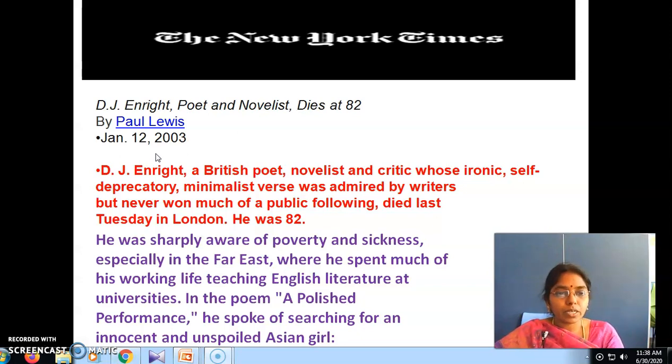So, the difficult words that you have to underline, and notice how the words are used: ironic, self-deprecatory, minimalist. His words will be admired by other writers. That means you can think how powerful his words are.